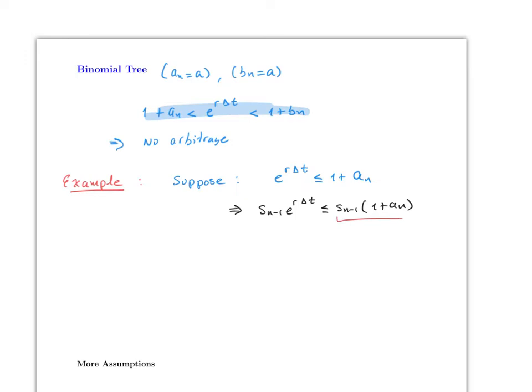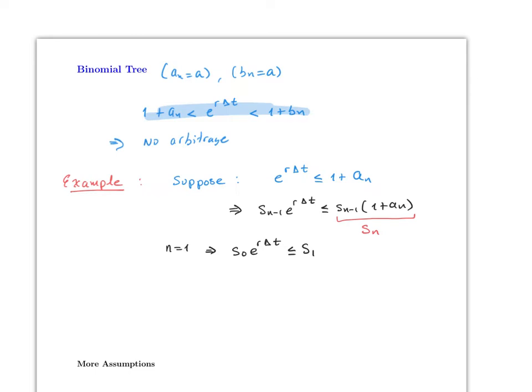But remember, this is equal to S_n. Okay, so let's look at the particular case where n is just equal to 1. That implies that S0 e to the r delta t has to be less than or equal to S1.